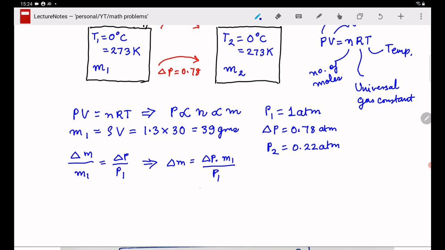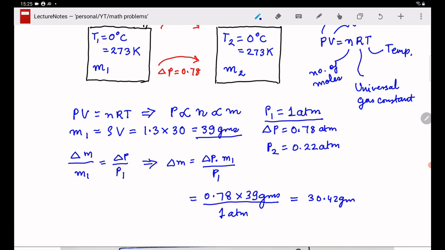If we plug in the values in this equation, we get delta P is 0.78 atmospheres, m1 is equal to 39 grams that we calculated over here, and P1 is equal to 1 atmosphere. This gives us the value of delta m as 30.42 grams. And that is our answer.